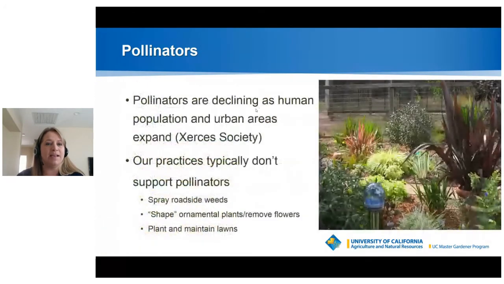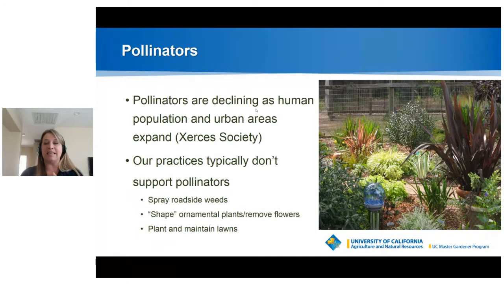Now, we want to be especially judicious in our efforts to support pollinators because pollinator numbers overall are declining, and they're declining as our human population increases, and we encroach on rural areas and urbanize them. So why does this happen?